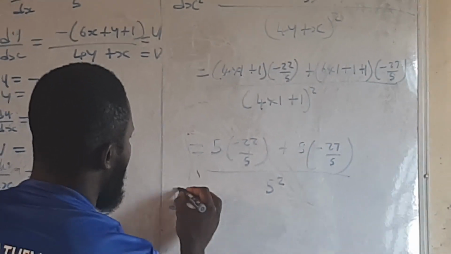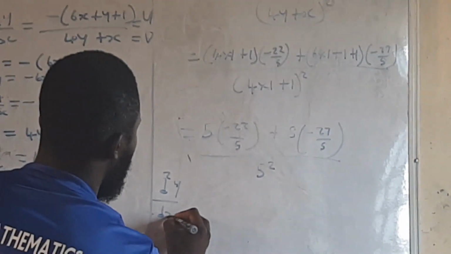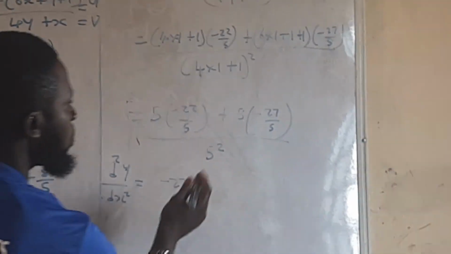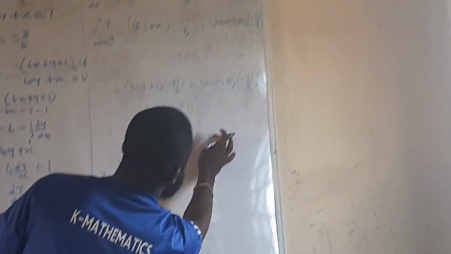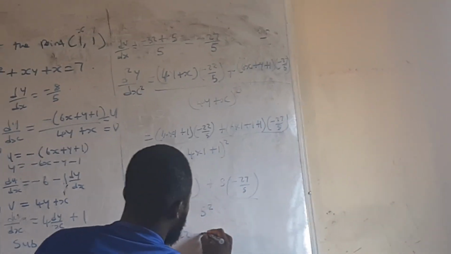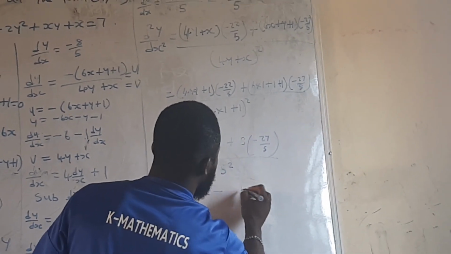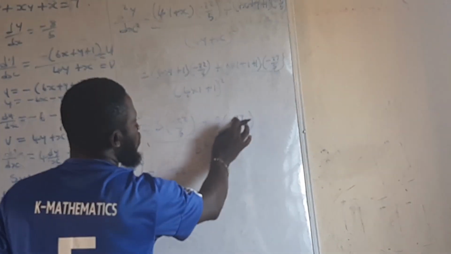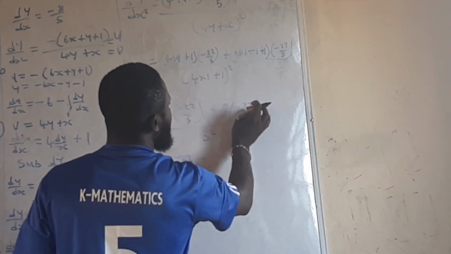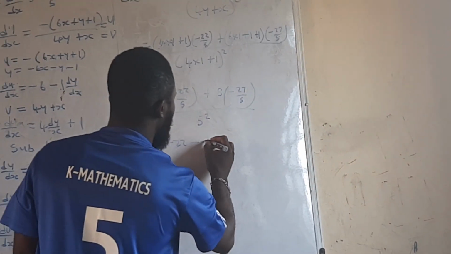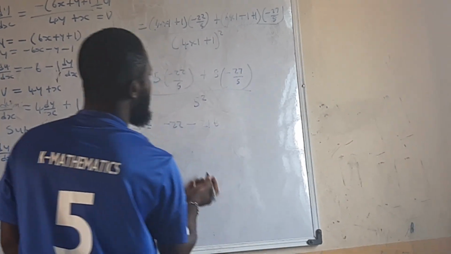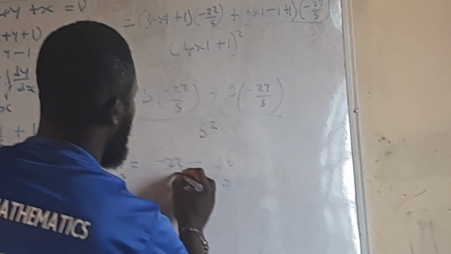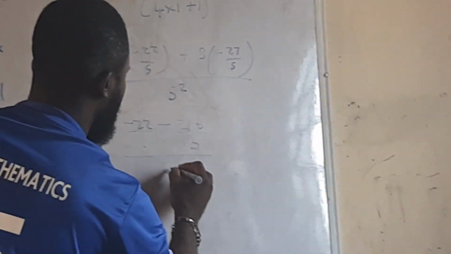Then we simplify, that means our d²y/dx², we turn to 5, we cancel 5, that means minus 22. Then 8 times 27, we have minus 8 times 7 is 56, we write 6, you keep 5, 8 times 2, that will give you 16. 16 plus your 5, that will give you 21. So you have minus 216 over 5 here. So you add up this one, everything divided by 5 squared is 25.